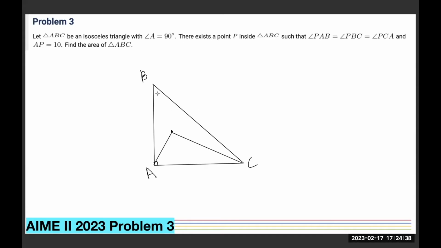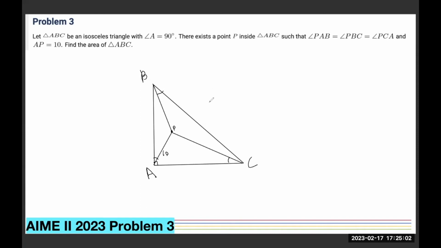That's pretty much good enough. Here's our point P. And we're given angle PAB is equal to angle PBC is equal to angle PCA. And AP equals 10. So how do we use this to figure out what the area of ABC is?